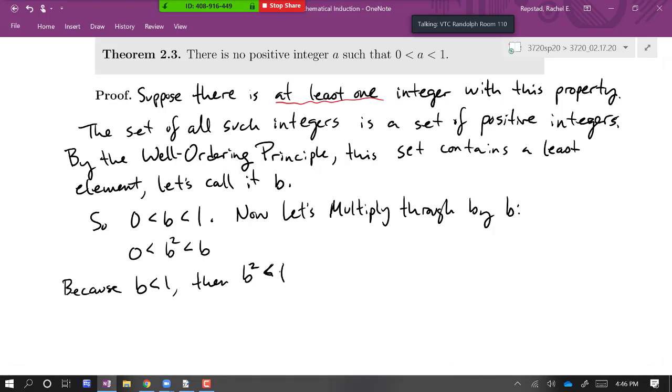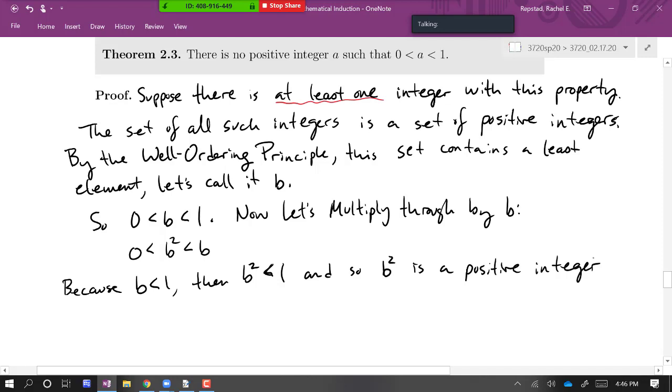B squared is less than 1, and B squared is less than B. So B squared is a positive integer between 0 and 1.